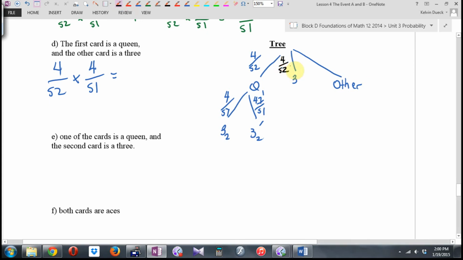We've pulled out the queens, we've pulled out the 3s. How many others are there? We've pulled out 8, so what's left? Now down this branch, down the other branch, you got queens and 3s still left in the deck. Here, let's go queen on the second, not queen on the second.